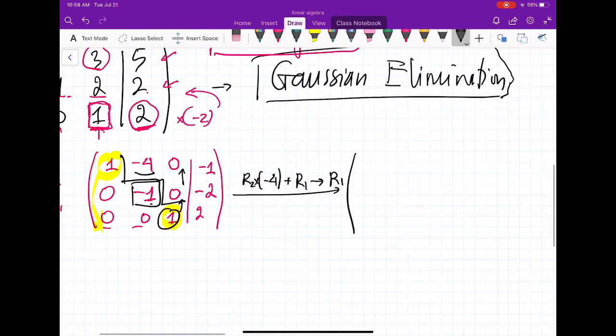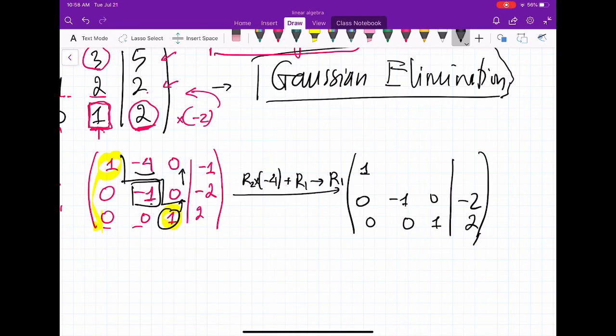So I got here 1. Okay, let me write these 2 rows, because we don't do anything with them: 0, 0, 1, and 2. And here I got 0. Here should be 0. -2 with -4 is 8. 8 plus 1 is 7.